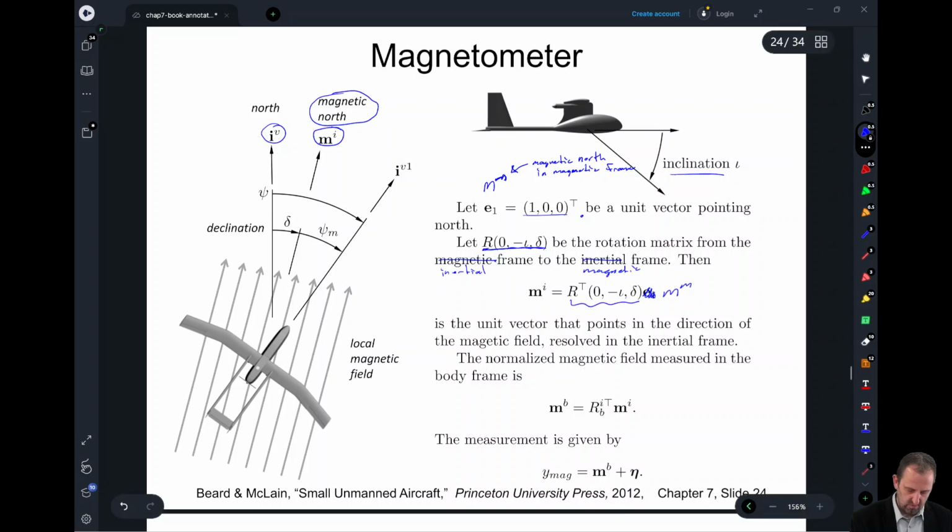This transpose would then go from our magnetic to the inertial. We take M superscript M, which is our magnetic vector in the magnetic frame, which is just E sub 1, and we take it into the inertial frame.